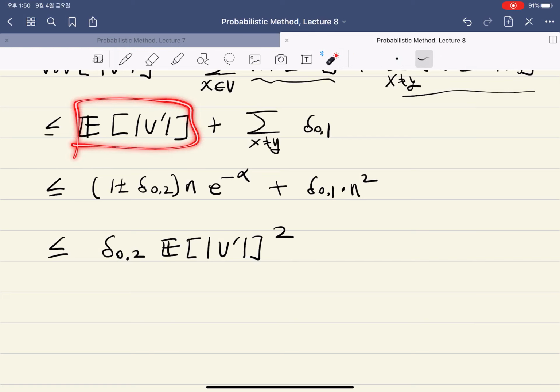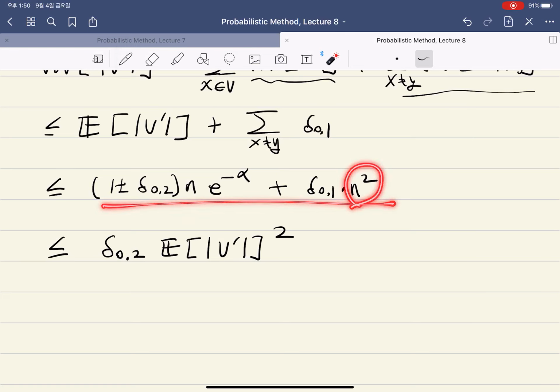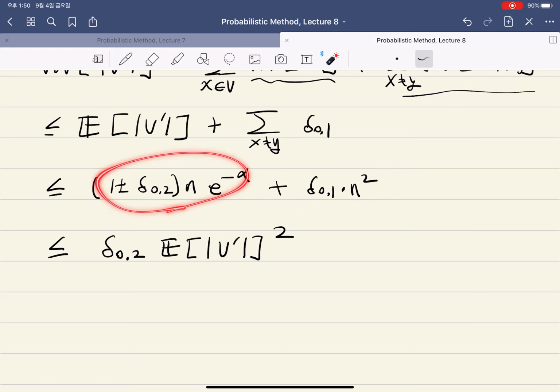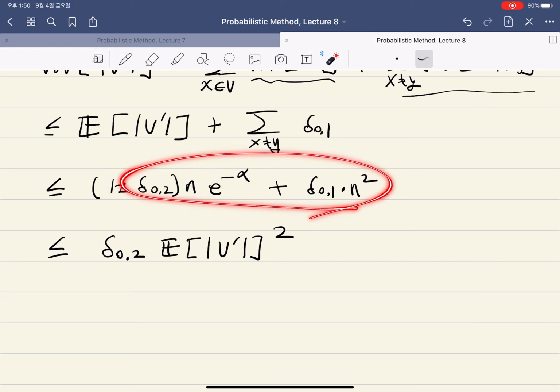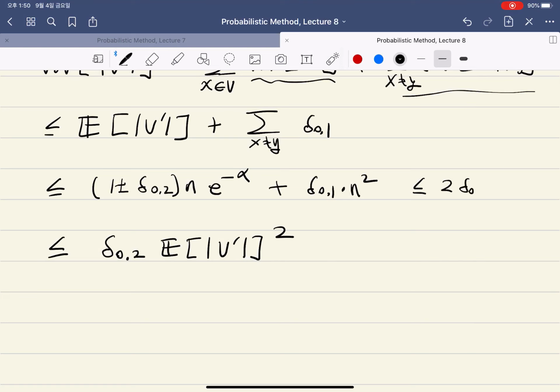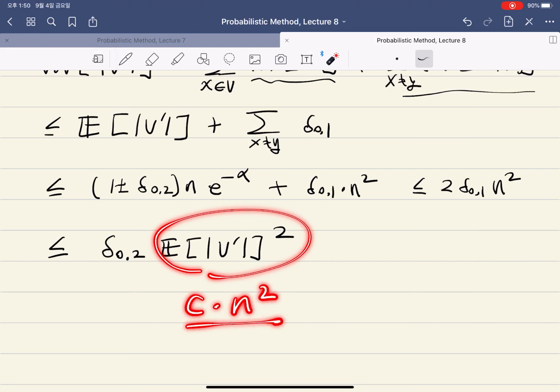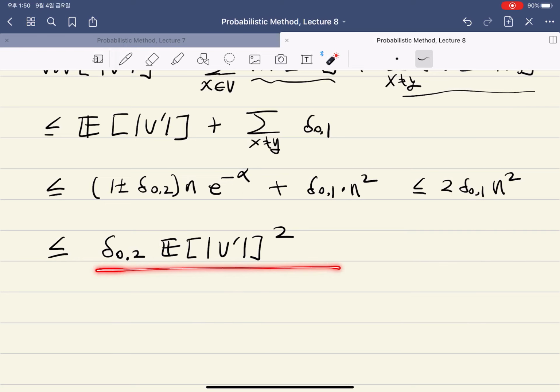Because this is roughly linear, some constant times linear, and this is quadratic, so this is negligible as n is much bigger than any other things here. So this is at most 2 times delta sub 0.1 n squared, some constant times n squared. But delta sub 0.1 is much smaller than delta sub 0.2. So we get this inequality.